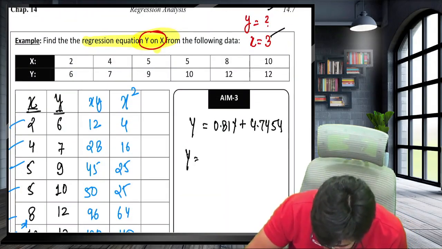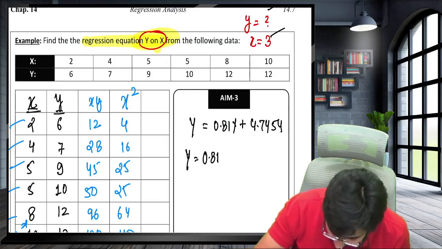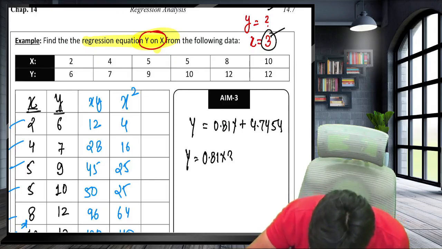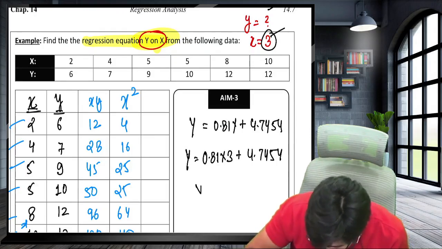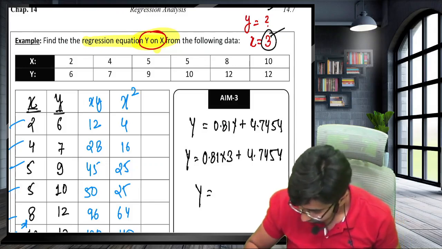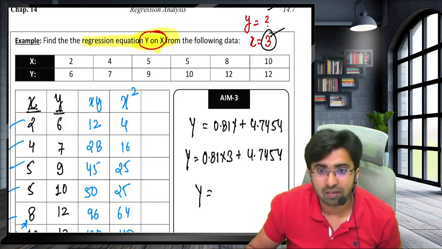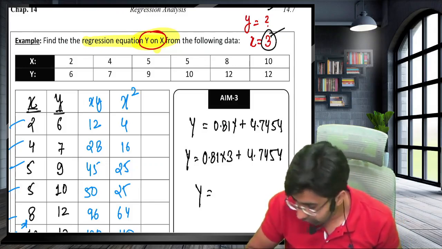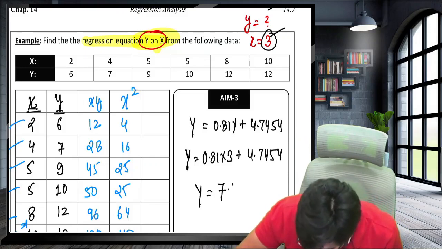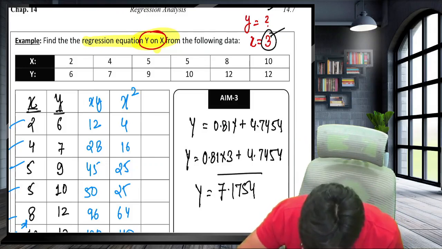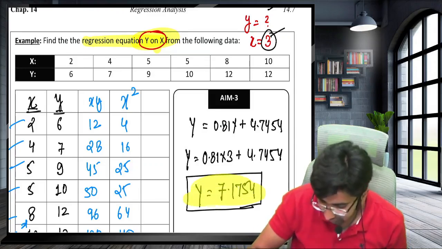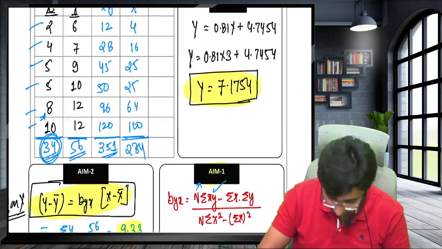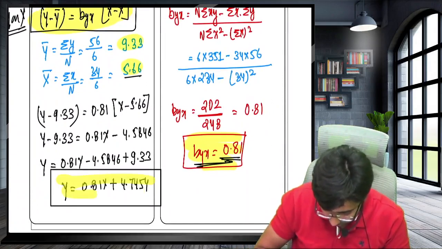Let's compute y when x is 3. y is equal to 7.1754. Guys, I had made a calculation mistake, that's why you were asking. Now is that point clear? I made some calculation mistake over here. This is your regression equation.